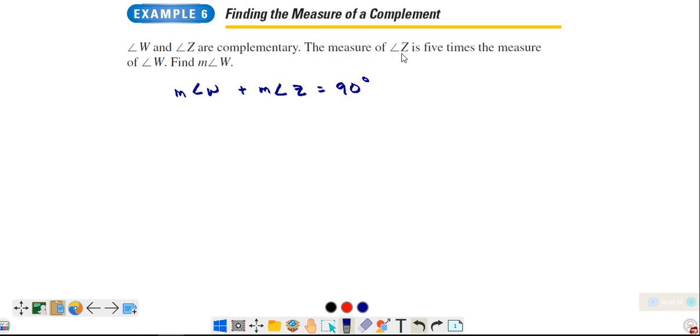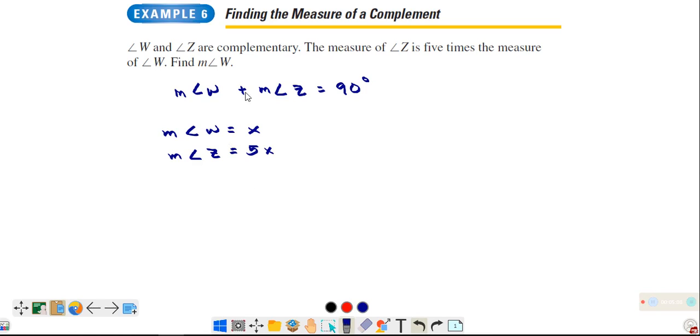But the measurement of angle Z is 5 times the measurement of W. If you want, you can use variables such as X, Y, Z, o kaya A, B, C. It's up to you. So, lagay tayo dito. So, the measurement of angle W, say for example, is x. Now, if we are talking about the measurement of angle Z, 5 times daw siya, so meron tayong 5x.